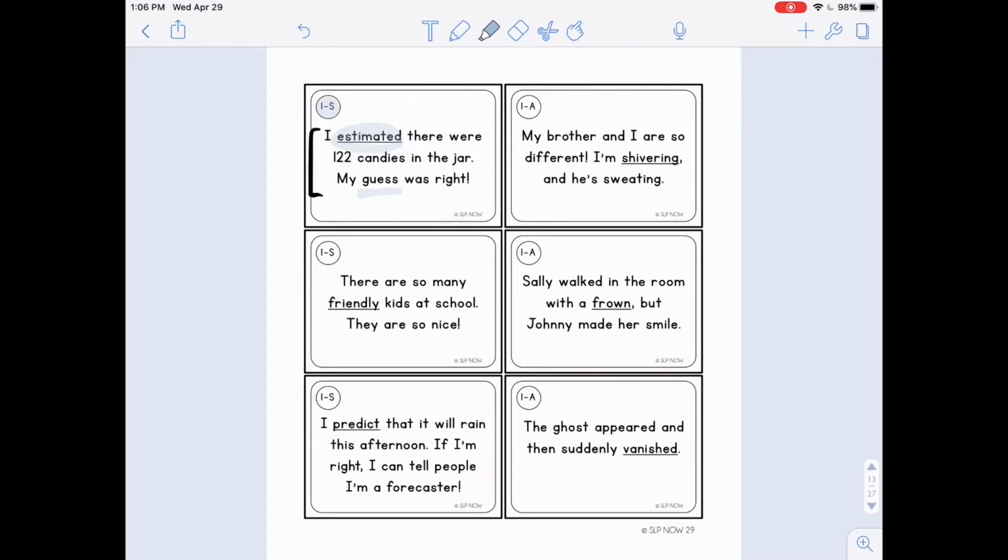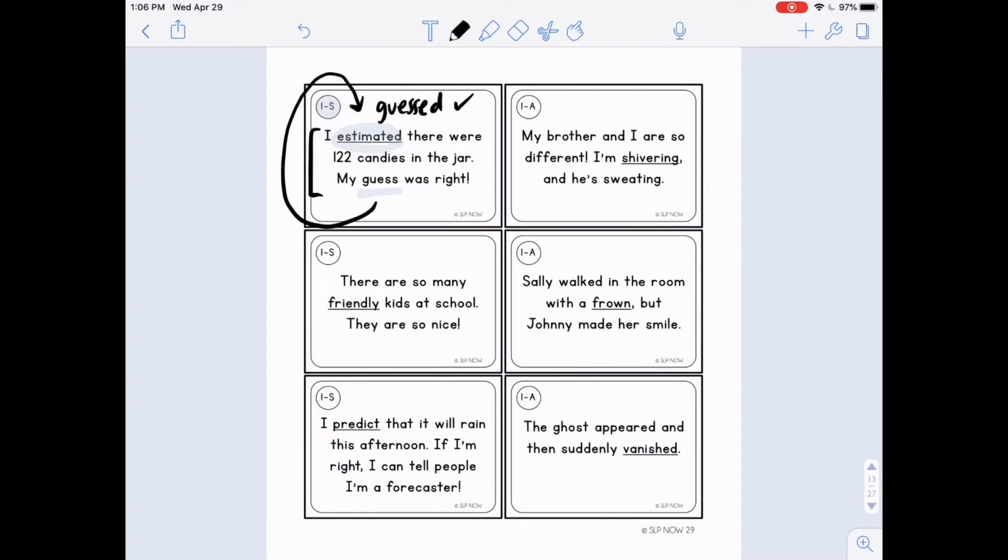What if I plugged this word up here? What if I said, I guessed there were 122 candies in the jar? My guess was right. Does that seem like it would be a good fit? Yeah, I think so too.